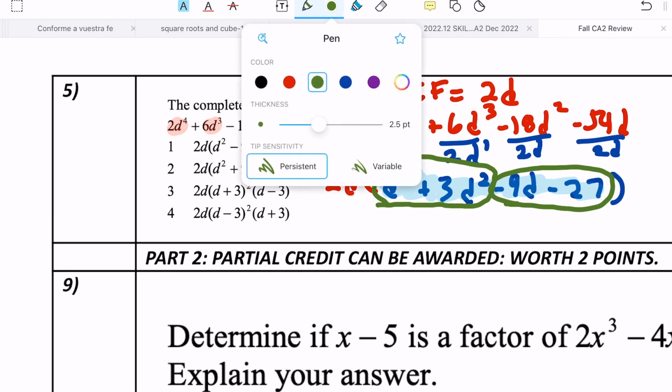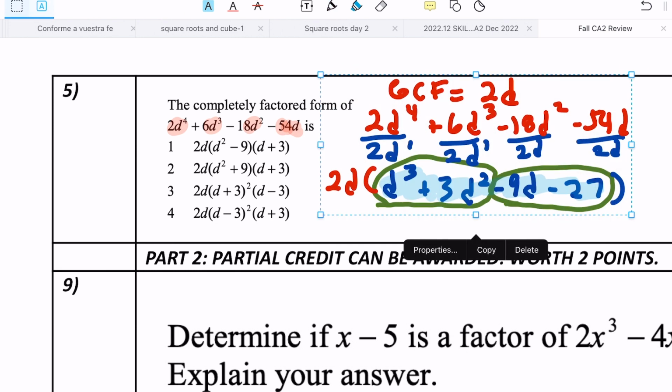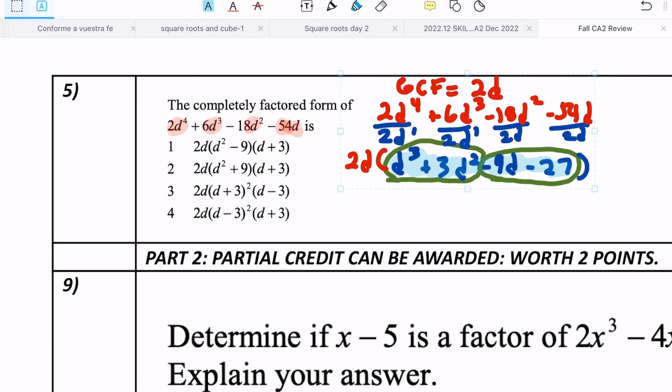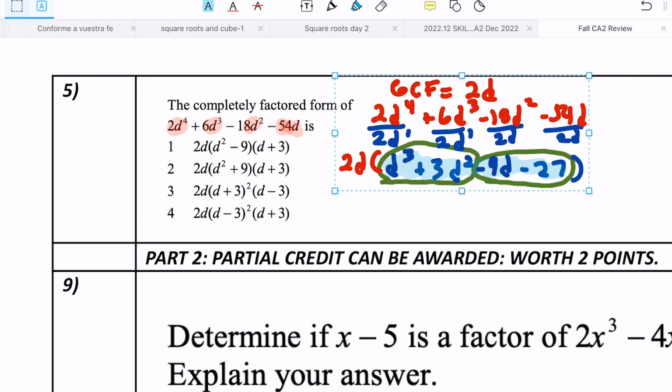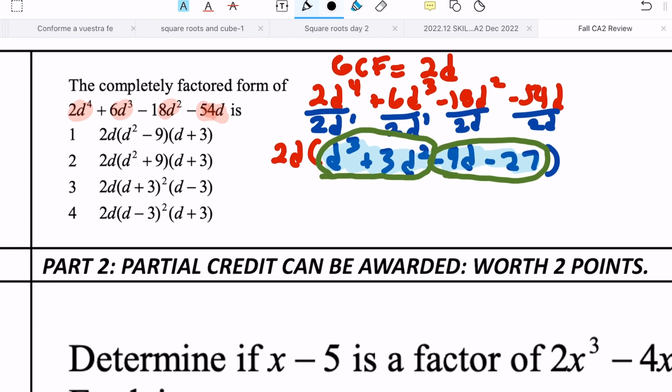This is all pretty much review. Okay? So I'm going to rewrite it, 2d.